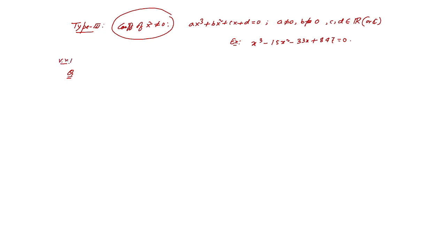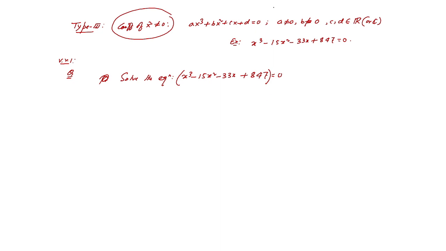The problem is very important at graduation level. Here the problem is: solve the equation x cube minus 15x square minus 33x plus 847 equals to 0.